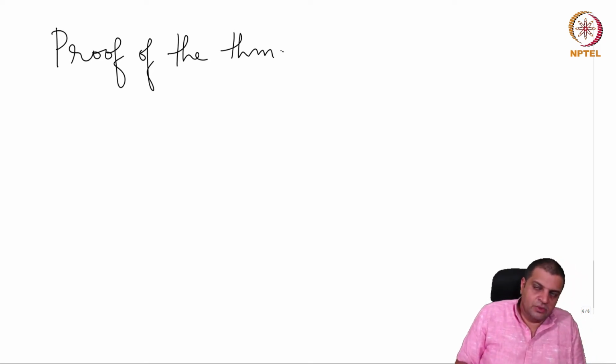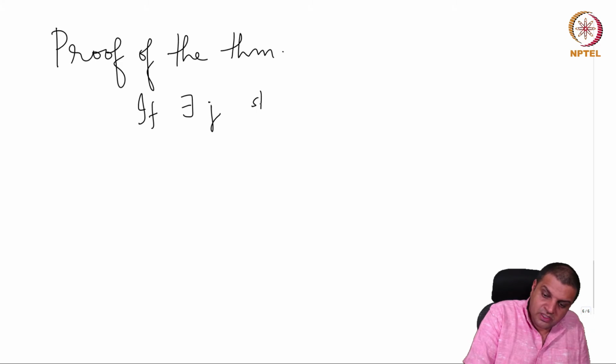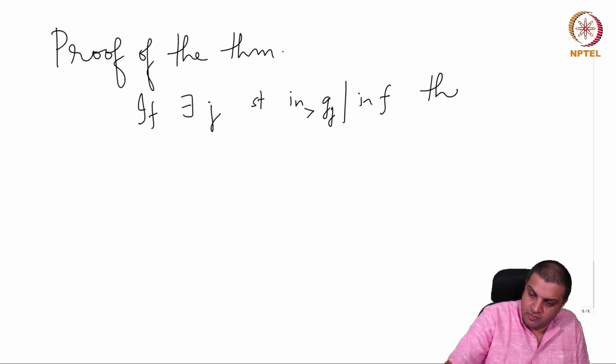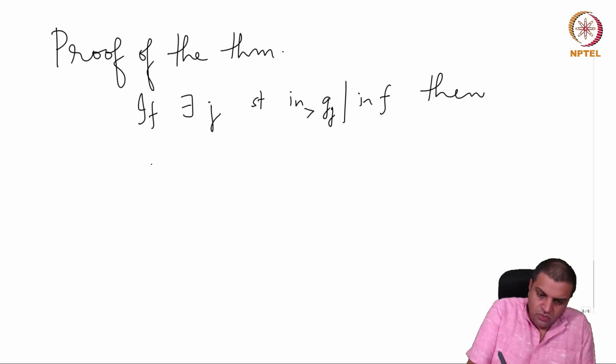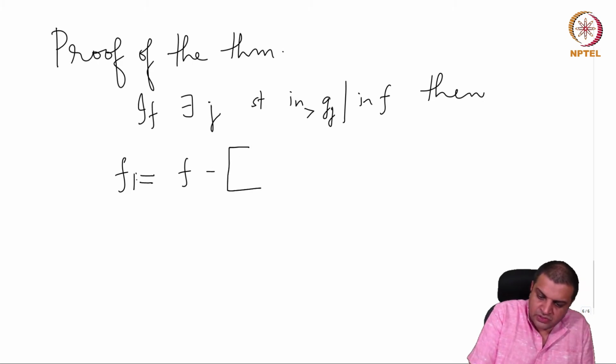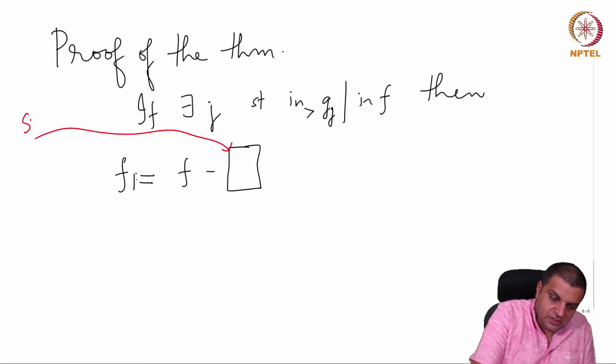At every stage we ask the following question. So this is the starting stage. If there exists j such that the initial term of g_j divides the initial term of f, then we just remove the initial term. We define f1 to be f minus a suitable coefficient, which I'll write as a box here, times in(f) divided by in(g_j), times g_j.